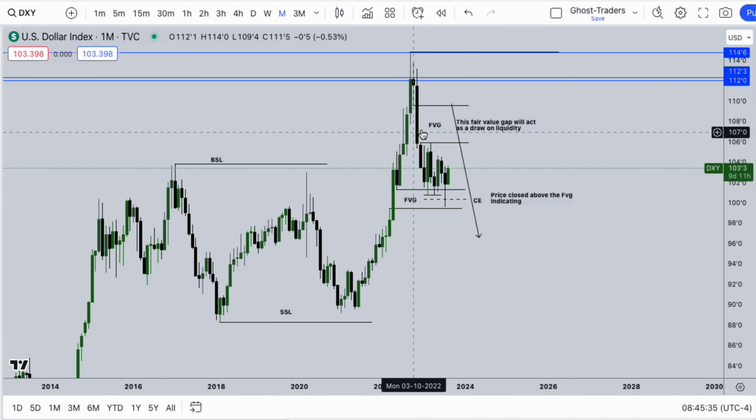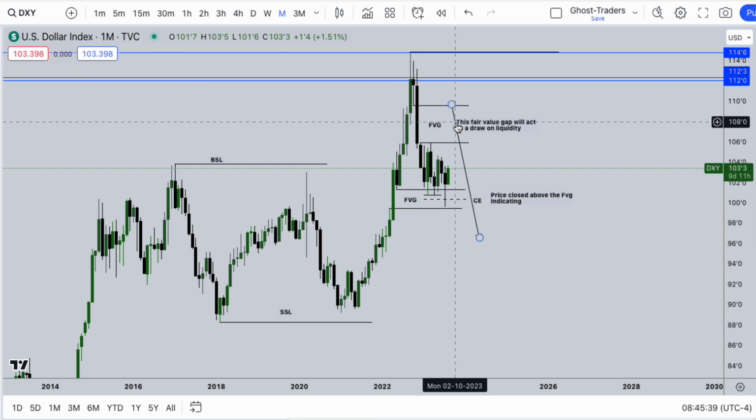According to my mind right now, I'm thinking this fair value gap here is gonna act as a draw on liquidity. So price is gonna be pushed here. It has already gotten momentum from this fair value gap here, so it's gonna push up using this momentum, and this fair value gap here is gonna act as a pull, a draw on liquidity, to pull price to get to this level here.